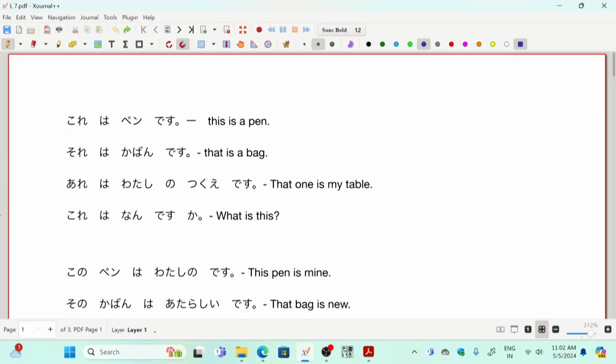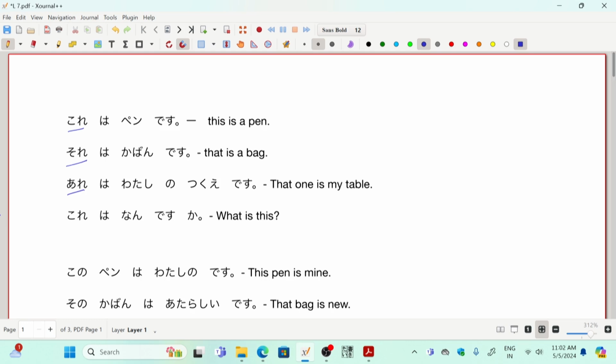Hello everyone. In the last classes, we have learned how to identify an object, person or place. Let's revise those. Kore, sore and are represent this, that and that one.